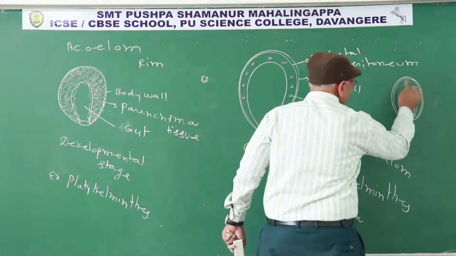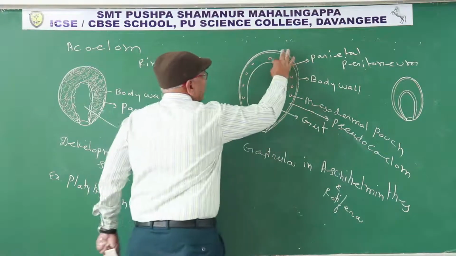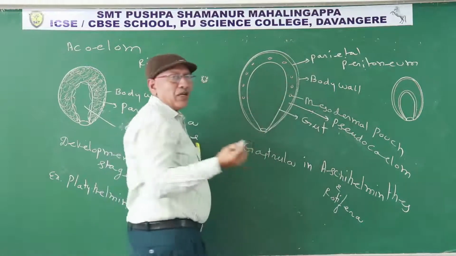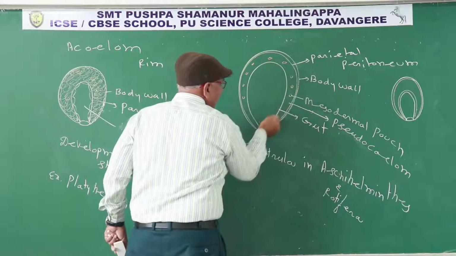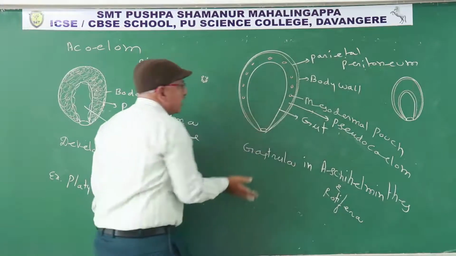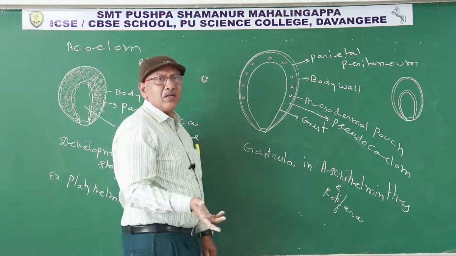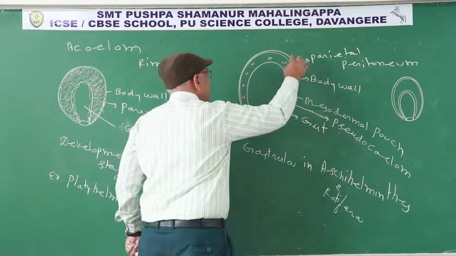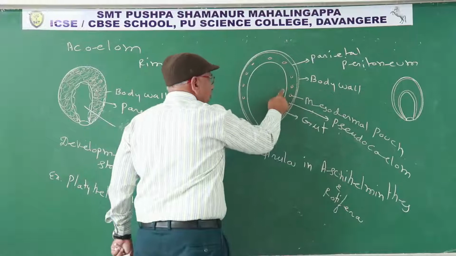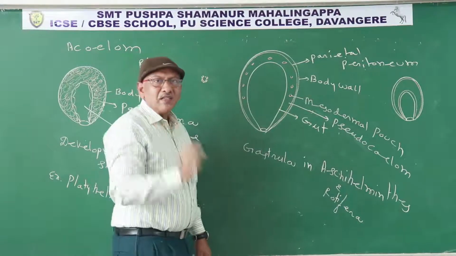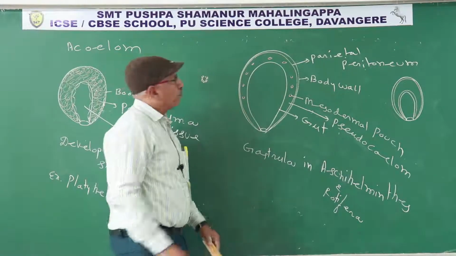Observe, in pseudocoelom the cavity is present between body wall and alimentary canal, but only the outer part of the cavity is lined by mesodermal layer. The inner part of the cavity is not lined by any mesodermal layer, so visceral peritoneum is absent. A body cavity present between body wall and alimentary canal that is not lined by mesodermal layer is known as pseudocoelom.